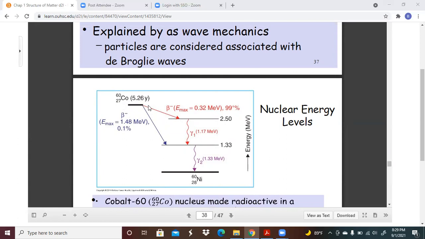It's possible that it could be released here with the energy maximum being 0.032, or it could be about 0.1% of the time a beta particle released with this amount of energy. And then you see two gamma decays after that. And it eventually ends up as nickel.